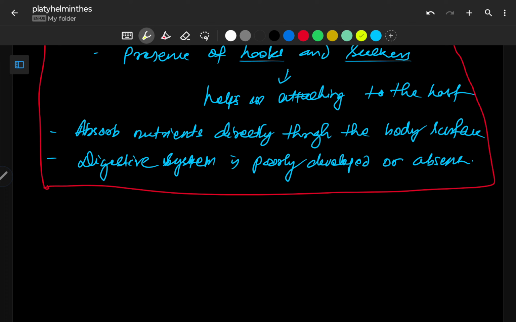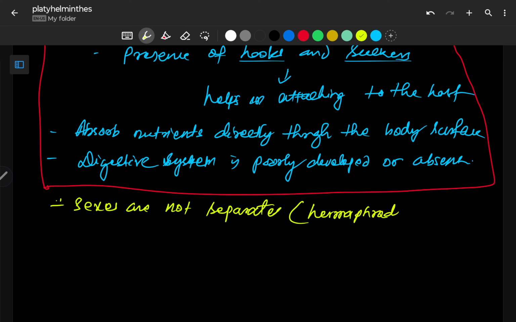Now come to the other part, that is reproduction. The sexes are not separate. Means what? They are hermaphrodite. That means both male and female sex organs are present in the same individual.